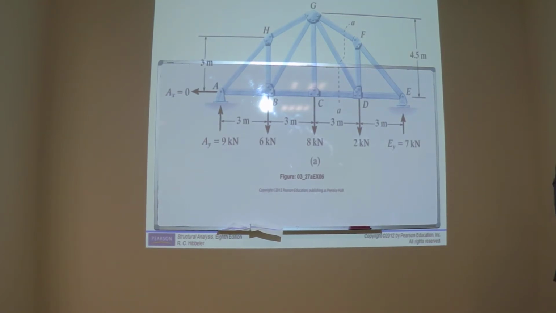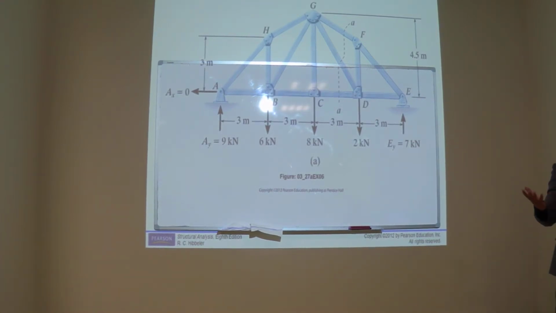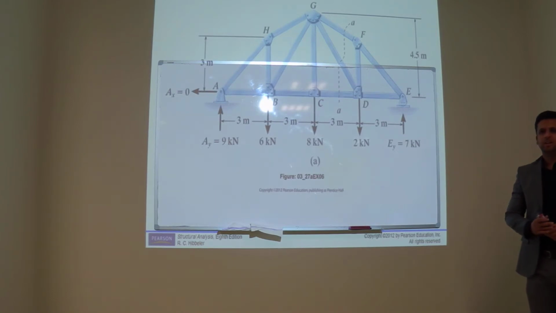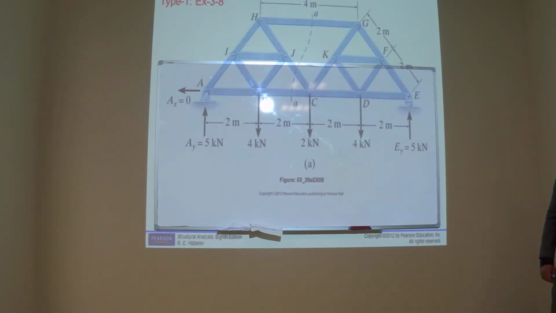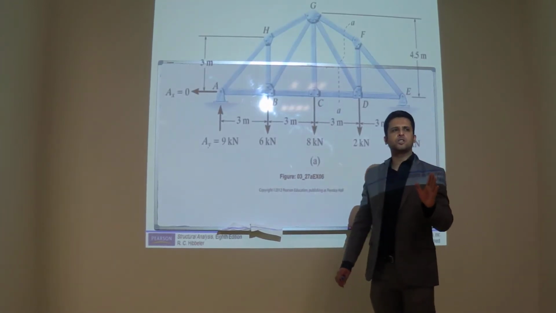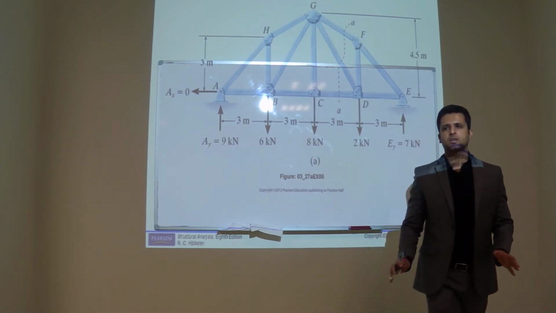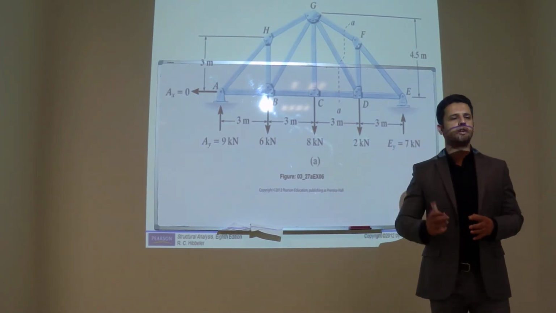If you want 3.7, I think it's easier. 3.7 is easier, it's my thinking. Maybe you can find it difficult, but I think 3.7 is easier. And 3.8 is even easier. It is similar. If you know the way, whatever is the shape of the truss, you can solve it. That's the bottom line.